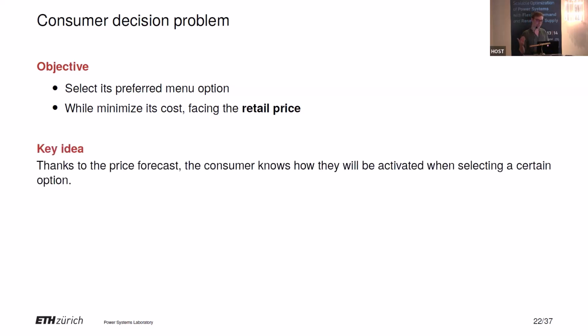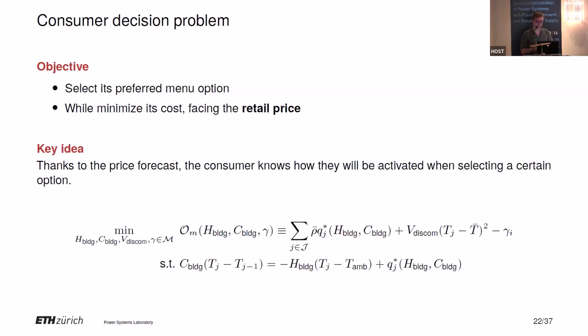It's facing the retail price, right? And as I was saying, the key idea is that thanks to the price forecast, the consumer knows how they will be activated for a certain option, and they can simply choose the one that minimizes their cost. Again, I don't want to enter into the detail, but the idea is that they really minimize over which option in the menu is going to lead to the smallest cost for them, knowing that they are facing a retail price which is a flat tariff, a flat price.